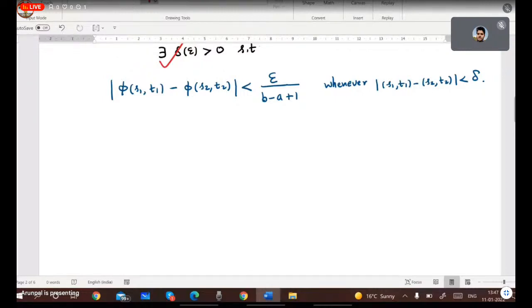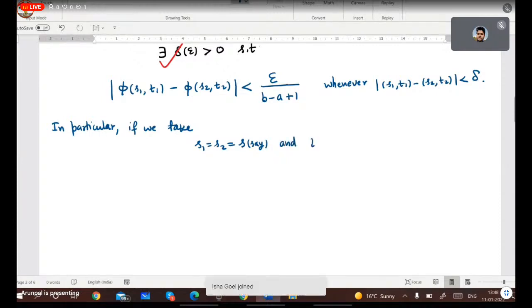Now, in particular, if we take, what we do, class, we take S1 is equal to S2 is equal to S. It means we are taking S1 equal to S2 and calling their common value S, and we are taking T1 is equal to T and T2 is equal to T naught.